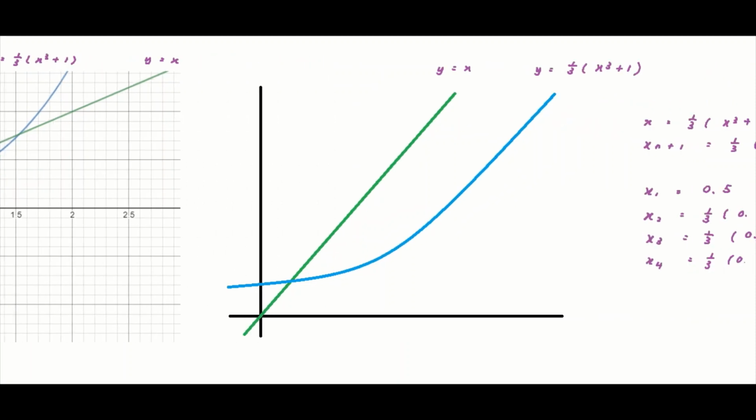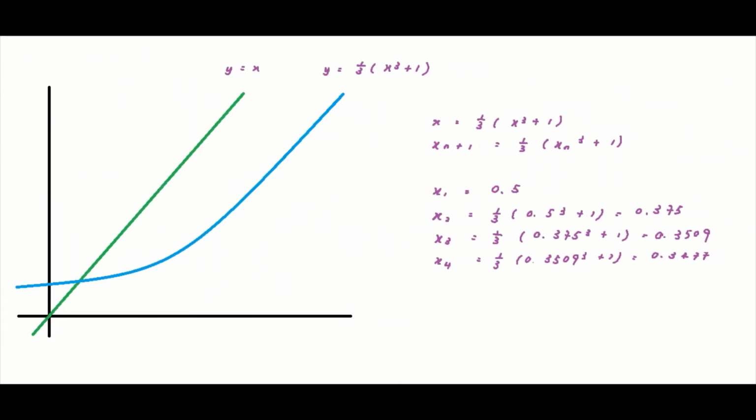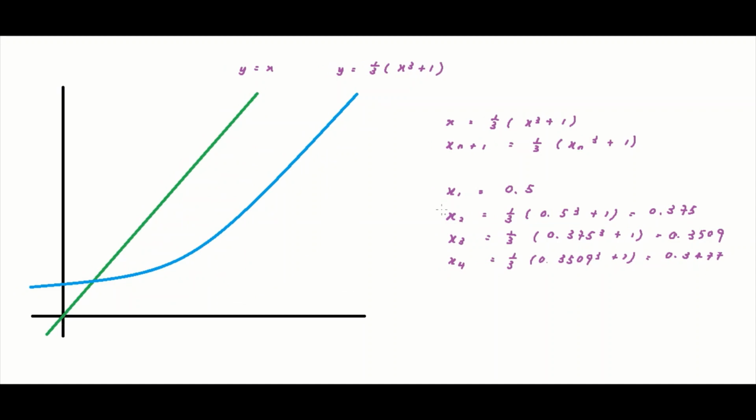So what does the iteration actually mean? This is what we try to do in the whole process, so let's put it in a picture. The first thing you do is substitute x equals 0.5 into this part to get x2. Let's say 0.5 is here.